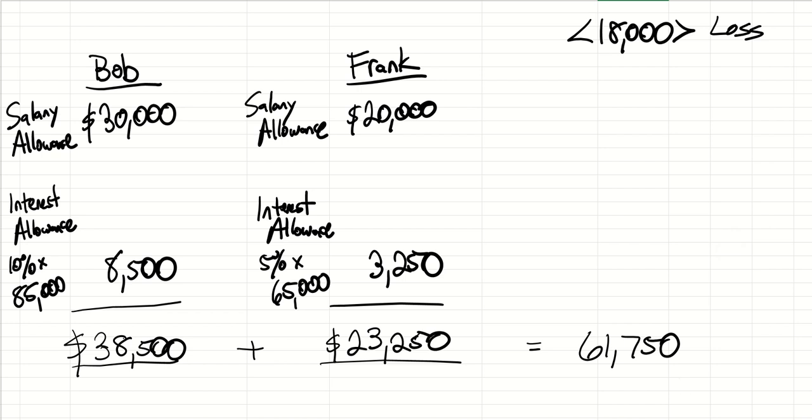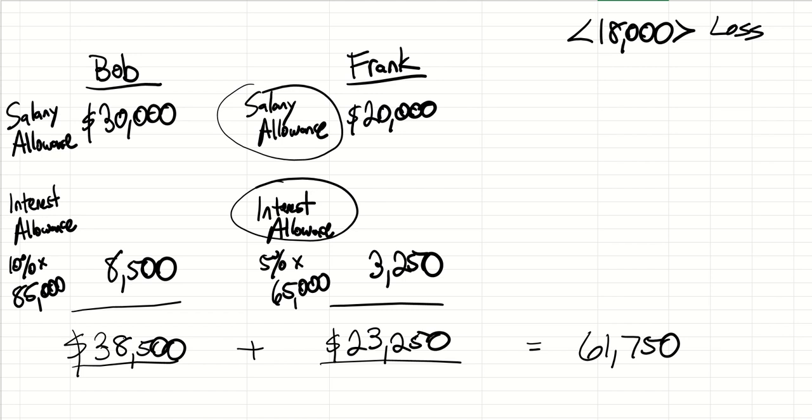Okay. Now, one thing that I didn't say in the last video, in regards to income allocation to partners, is that the salary allowances here and the interest allowances, these are not salary and interest expenses when it comes to trying to identify or classify what the allowances are.